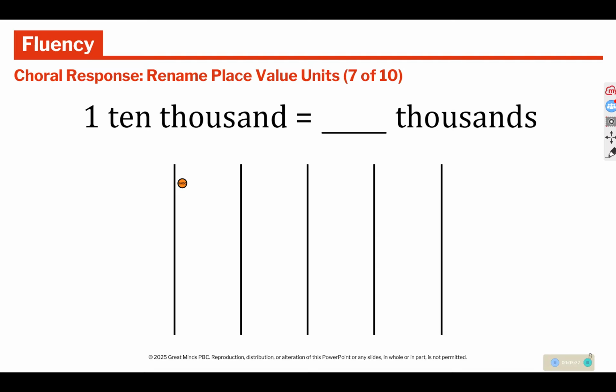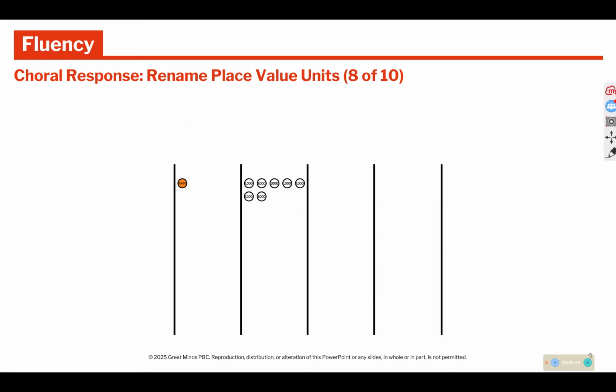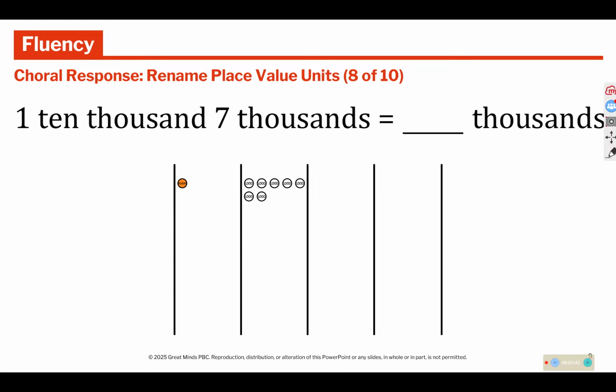One 10,000 is equal to 1, 2, 3. 10 thousands. And last one, we have 1 10,000 and 7 thousands. How many thousands would that be? Are you ready? 1, 2, 3. 17 thousands.